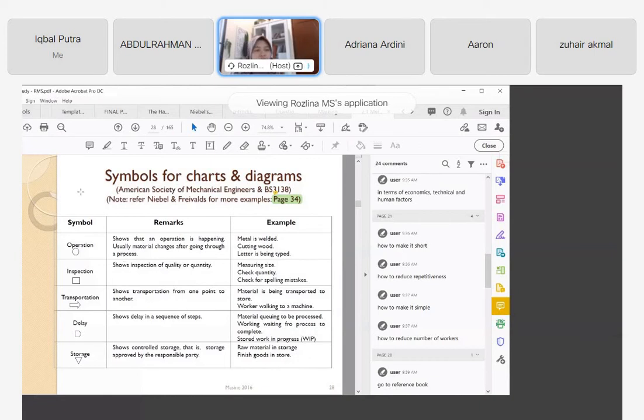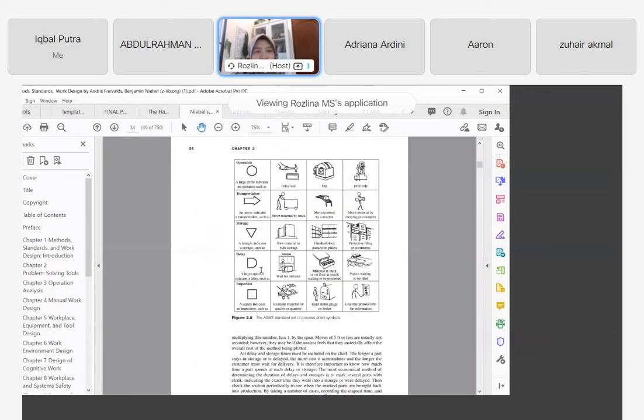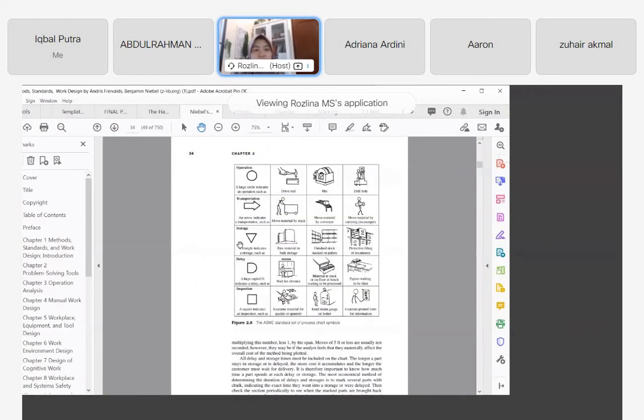Okay, so when you know these 5 symbols, we look at the textbook there. These are the symbols: drive nail, mix, drill hole. So you will use this symbol. Move the materials, maybe by material handling or maybe just manual handling. So you will use this symbol, transportation. Storage is when it is in the storage.